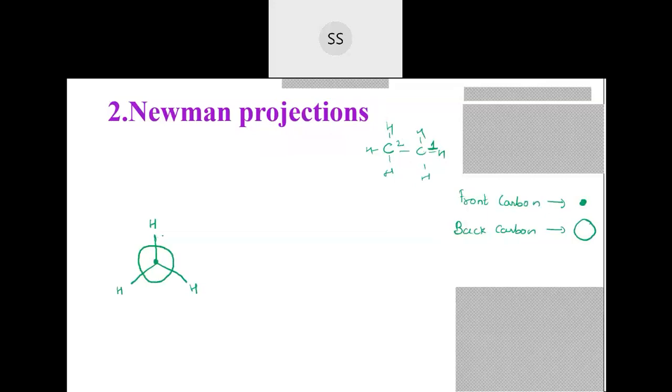One is eclipsed and the other one is staggered. So when you are drawing eclipsed, you draw in this way, and then the behind hydrogens you can draw here only, just to show, this way. Here one on this side, and one on this side. This is eclipsed.